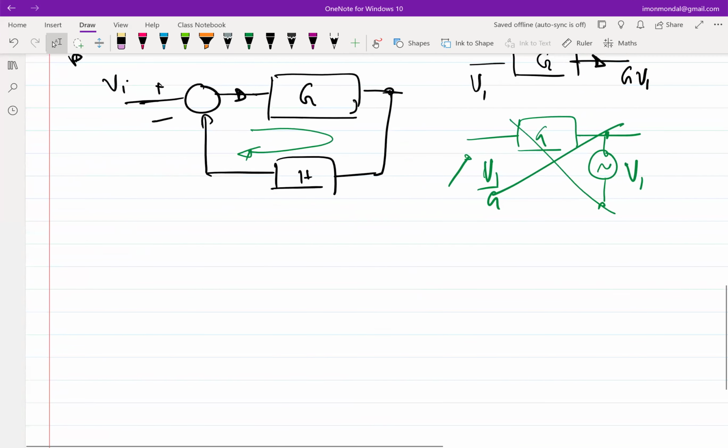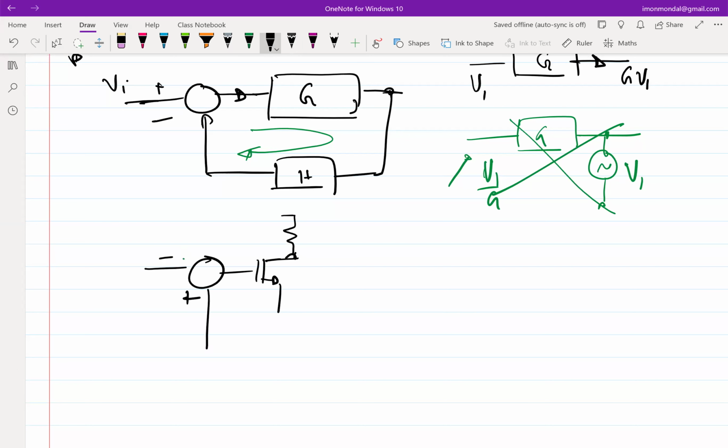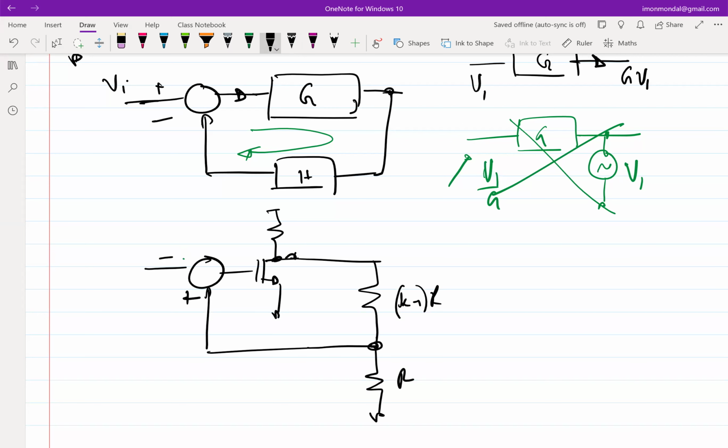Let me make it simpler. Let's say I have a common source amplifier and I have this block diagram. Let's say this is not connected as of now. So this is gm, this is RL or RD.